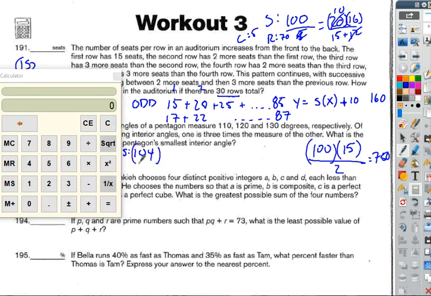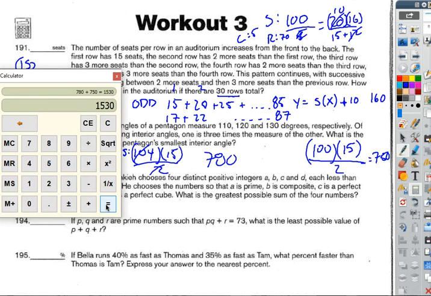Times 15 and divided by 2. So I'm going to divide this by 2 first. So 104 divided by 2 times 15. So I get 780 plus my 750. And I get 1,530, which is the answer.